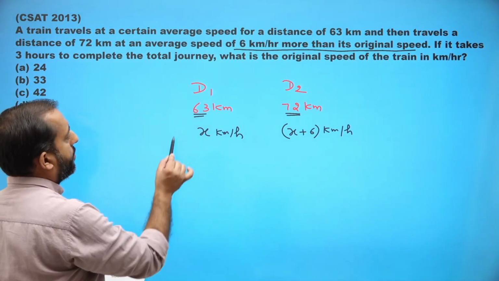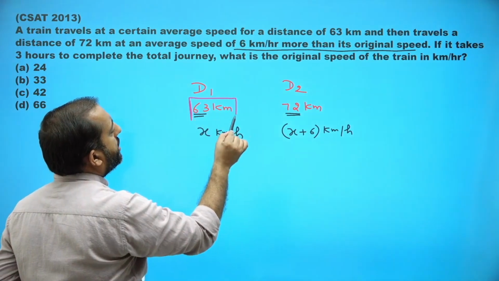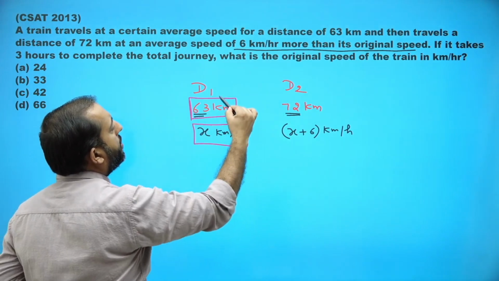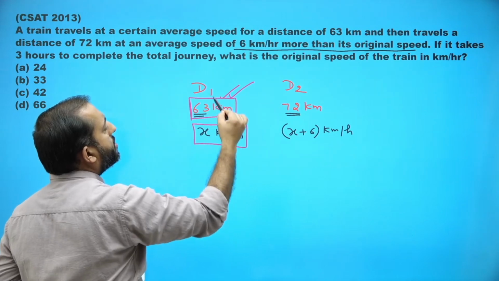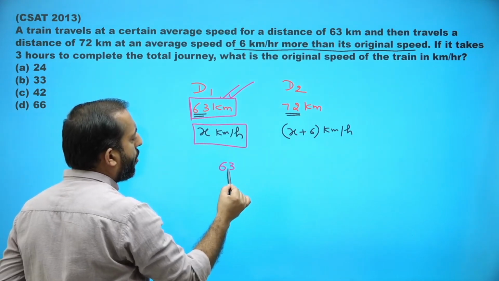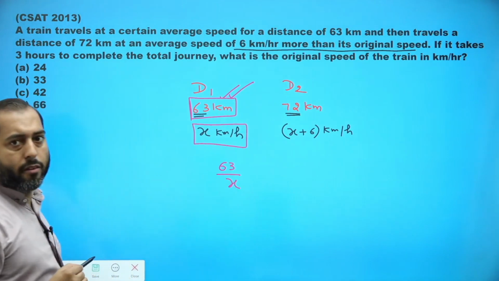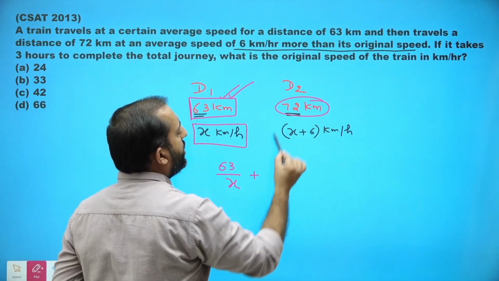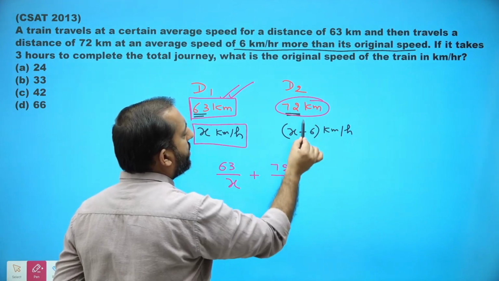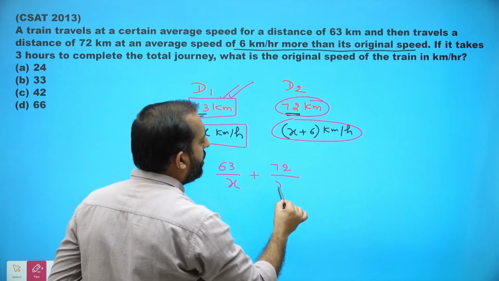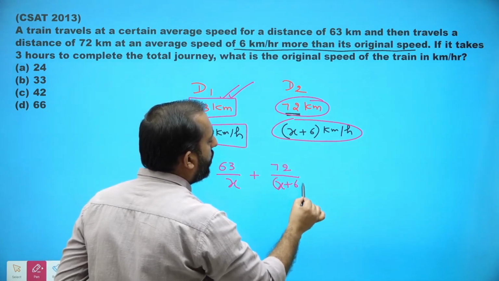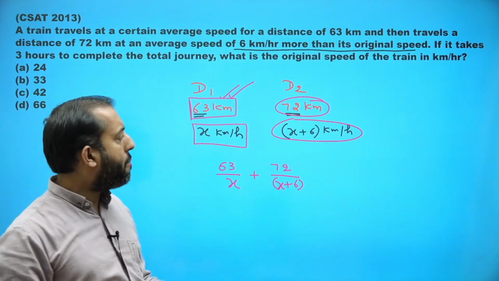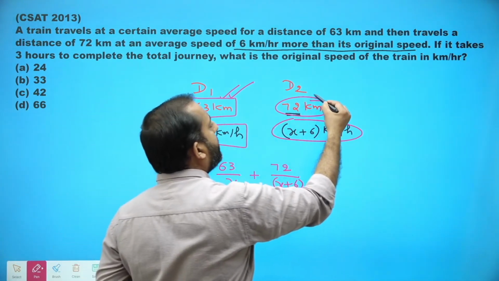Now, guys, listen. Distance is 63 kilometer, speed is x kilometer per hour. So time taken to cover this distance will be distance upon speed, 63 upon x. Plus, distance was 72 kilometer and speed was x plus 6 kilometer per hour, so 72 upon x plus 6 is the time taken by that train to travel 72 kilometer.